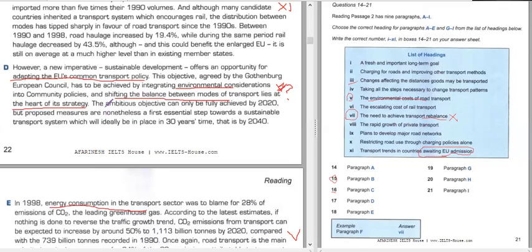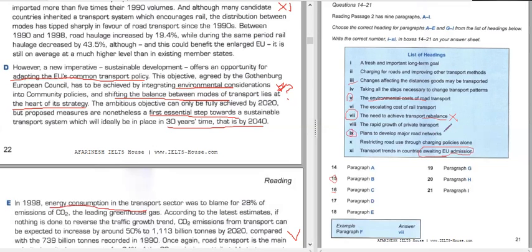So the ambitious objective can only be fully achieved by this, but proposed measures are nonetheless a first essential step towards a sustainable transport system, which will be ideally in place in 30 years' time. So this is something related to plan? What about this?